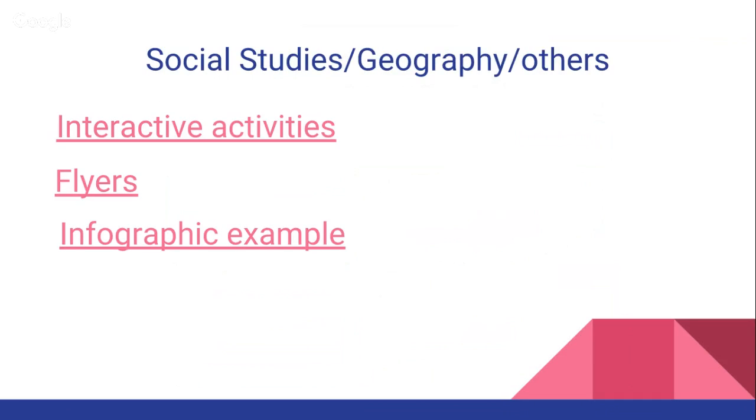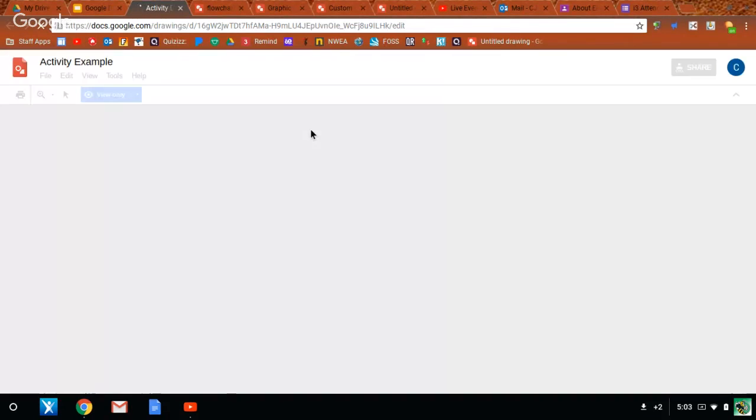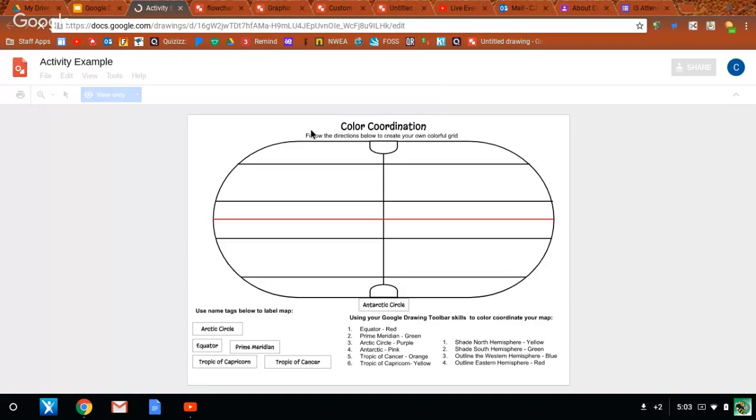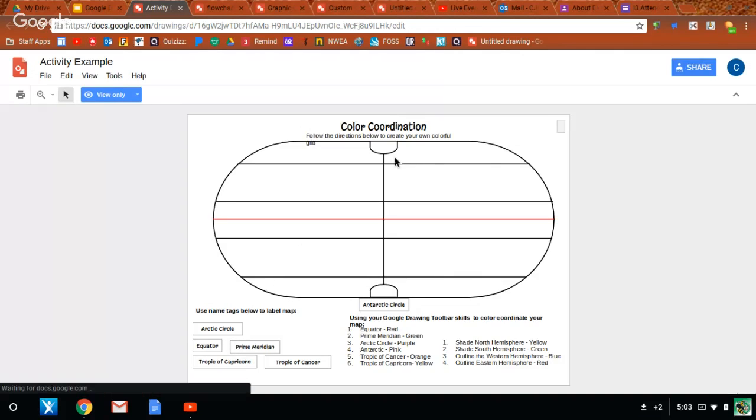And for social studies as well, this was one that I saw in one of the trainings that we went to. It was an interactive activity. And this one's already done as well. And the students would just follow the instructions here and complete the map according to, again, the instructions.